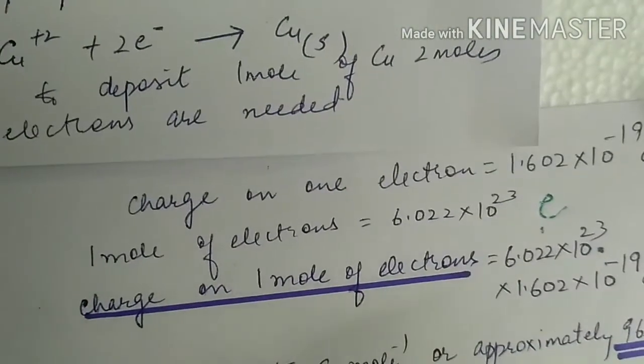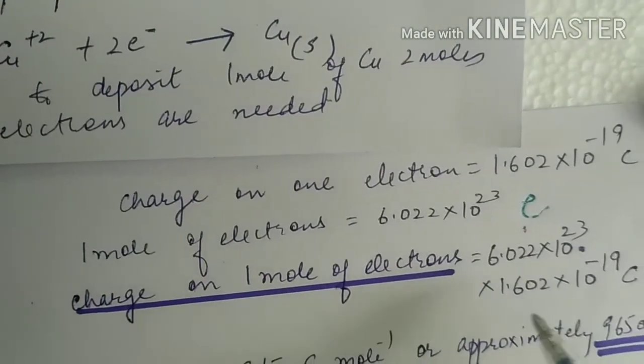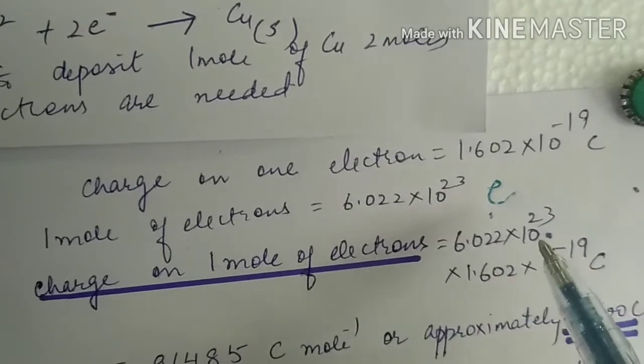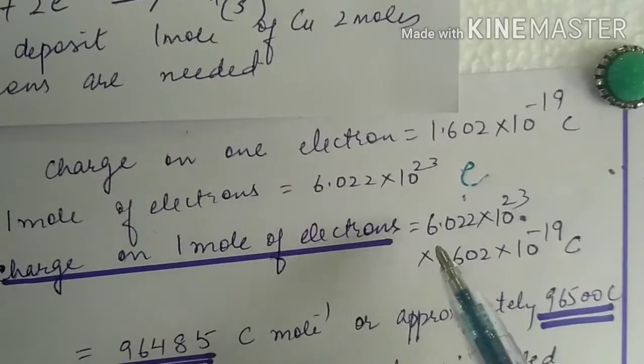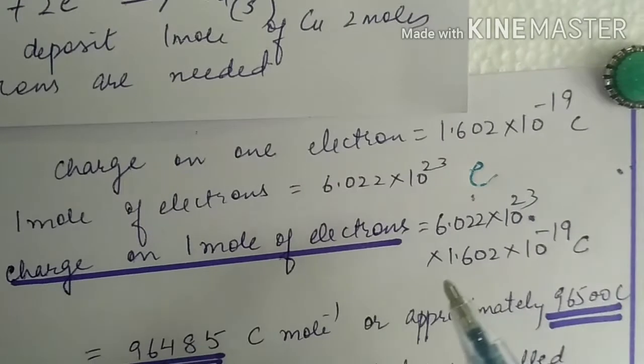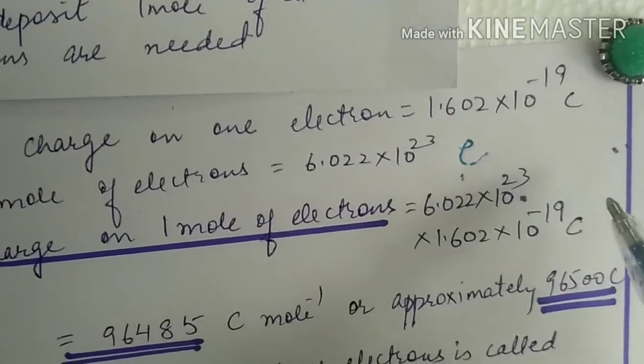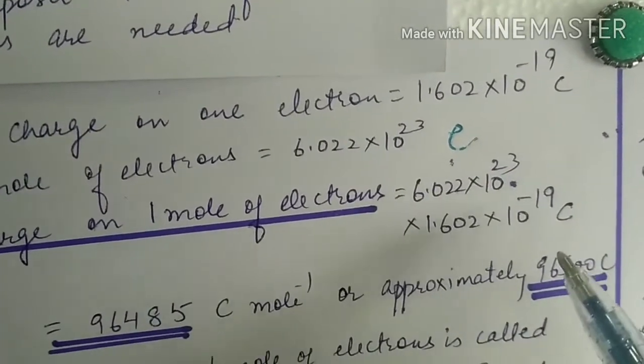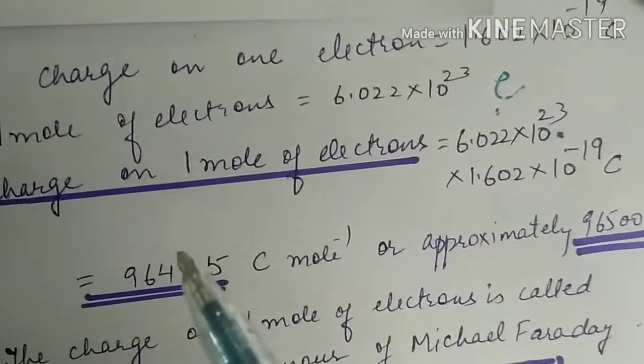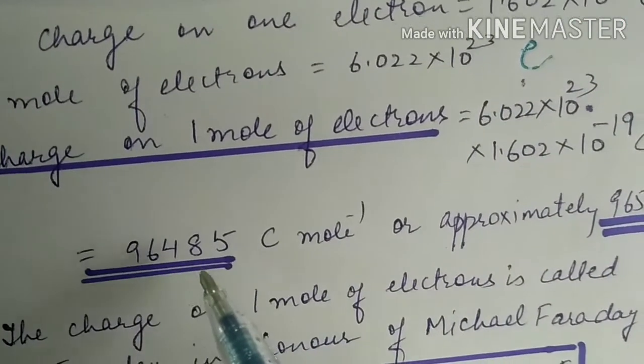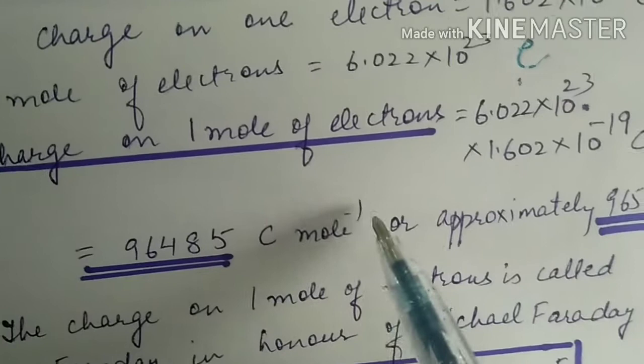So charge on 1 mole of electrons will be 6.022 × 10^23 × 1.602 × 10^-19 coulombs. On solving this, the answer comes out to be 96485 coulombs for 1 mole.